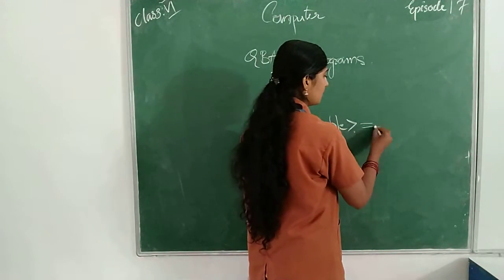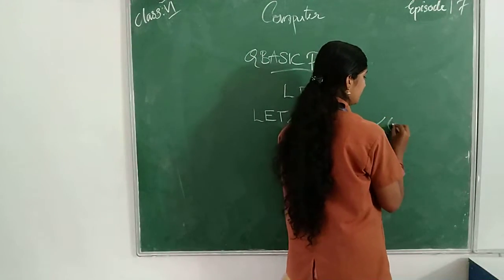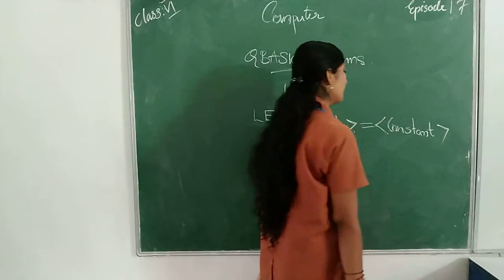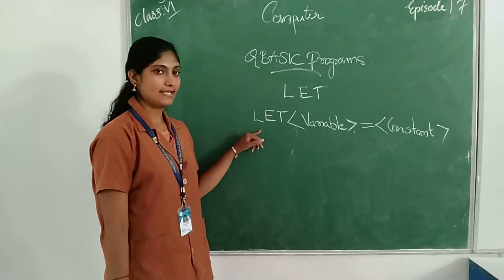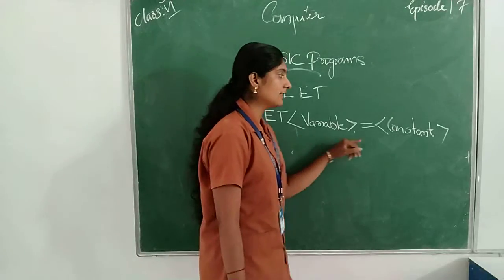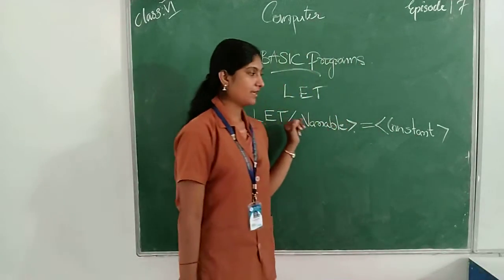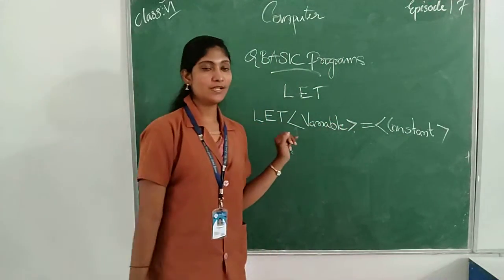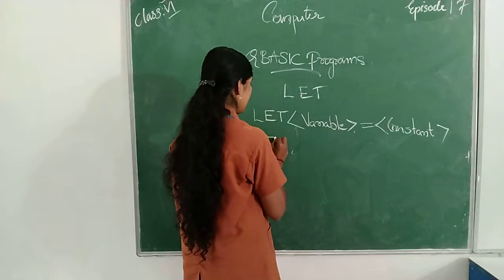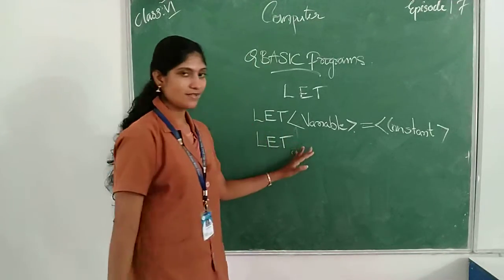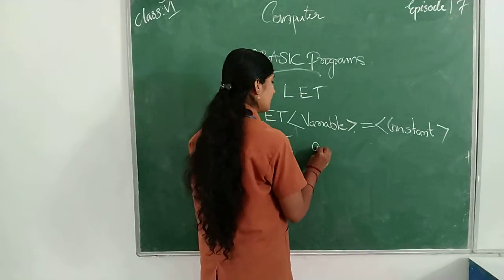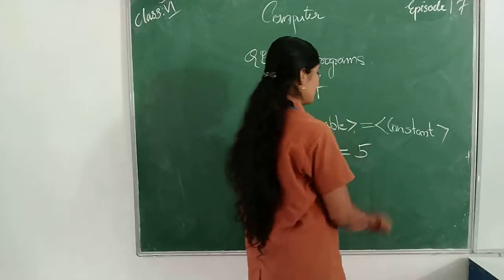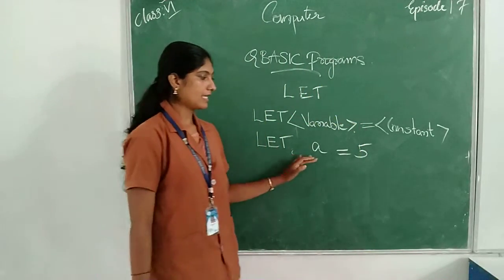LET variable equal constant. So here let me write a variable a, then equal to, then a constant value, that is 5. So we can write LET a = 5.